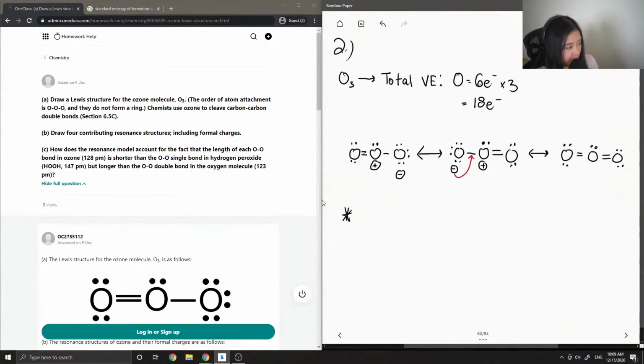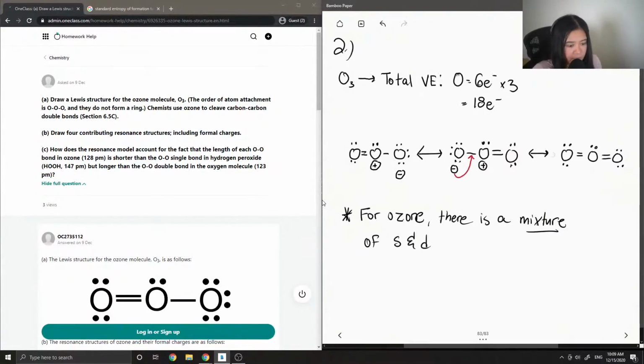So for ozone in particular, there is a mixture of both single and double bonds.